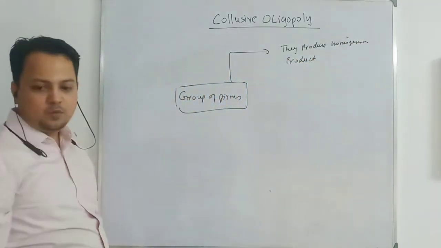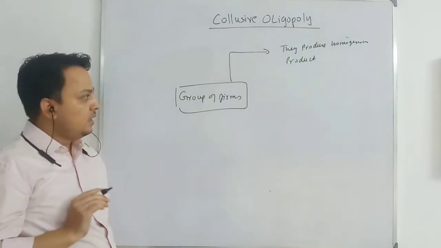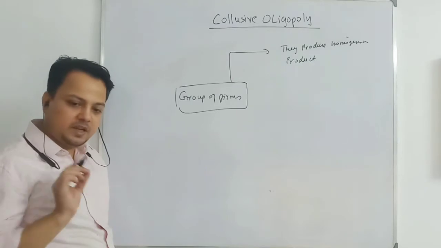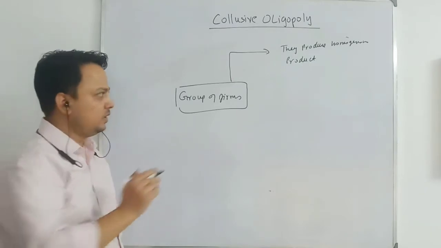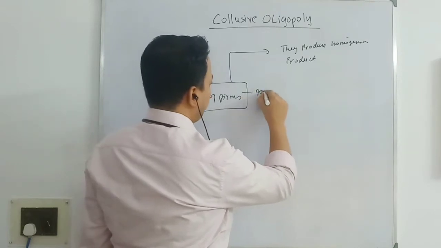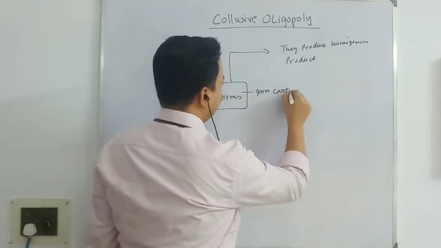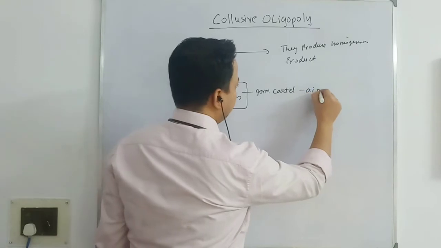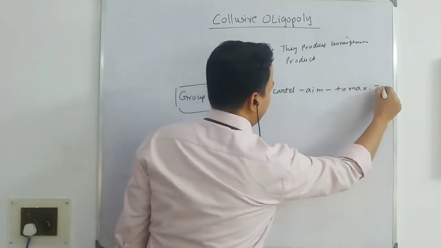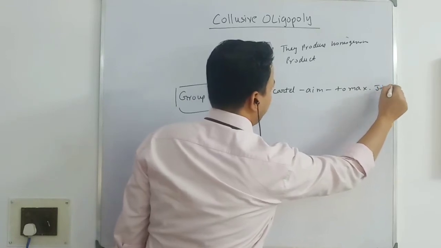They are producing a homogeneous product, and they will form a cartel. And what is the aim of forming the cartel? It is to maximize joint profit. Only remember this thing. So this group of firms forms a cartel. What is the aim? To maximize joint profit. Profit I denote by pi.